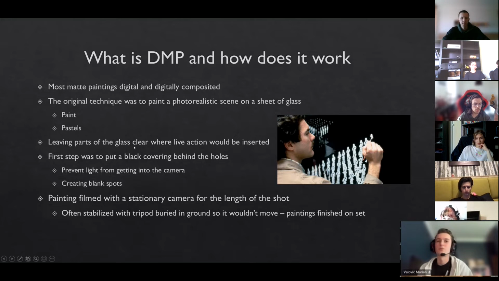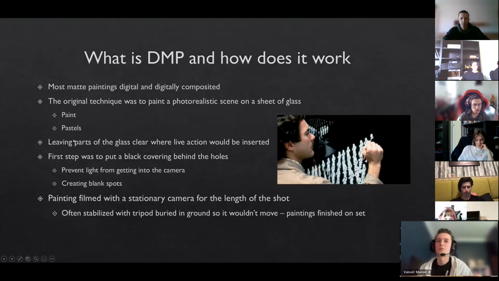Anyway, he left a portion of the screen blank, so that the live action shot would be inserted. He started with the original painting, but later he transitioned into the digital era.